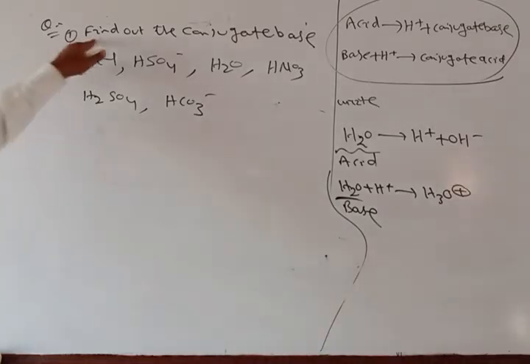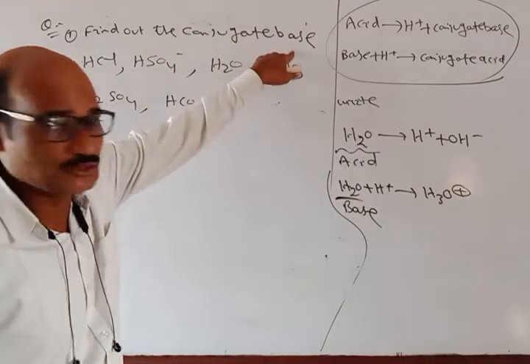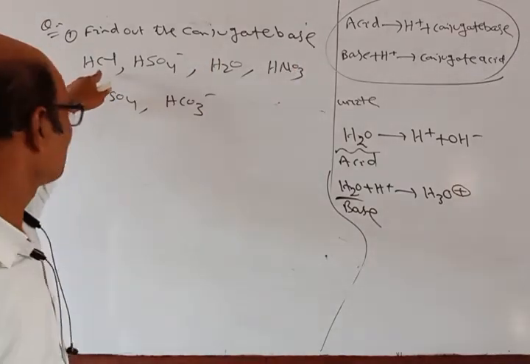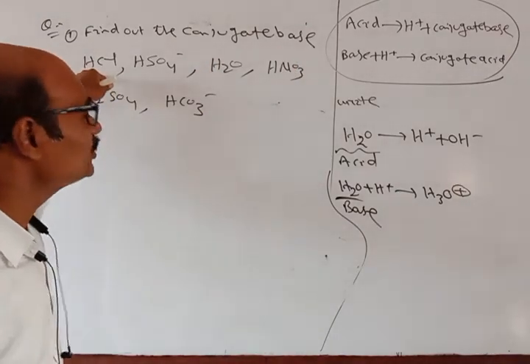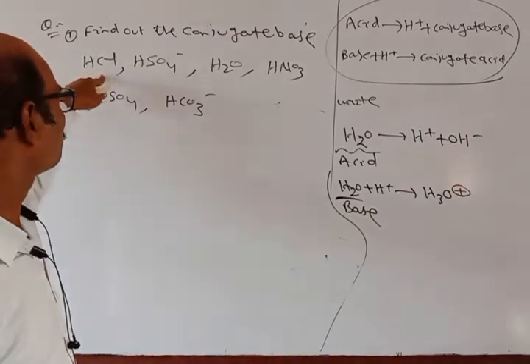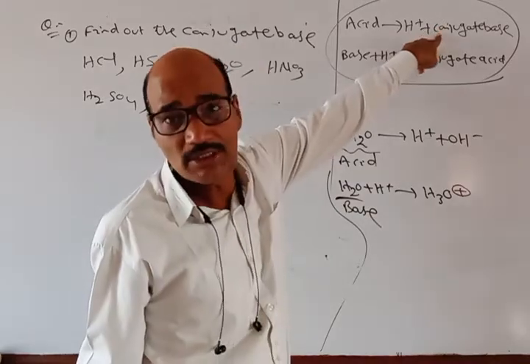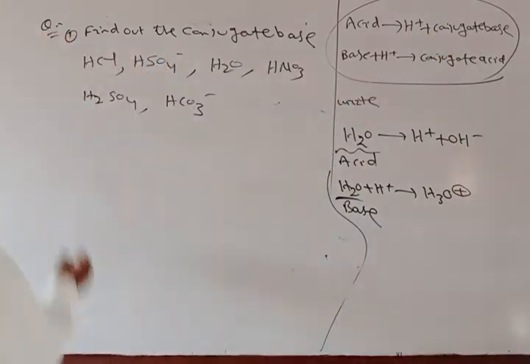Let's see. To find the conjugate base, these are acids, and we know acids have a tendency to donate a proton. So from the acid, if I remove the H plus, I will get the conjugate base.